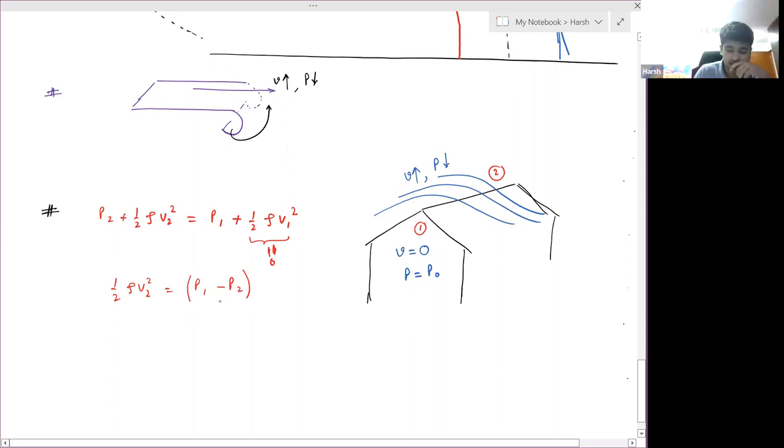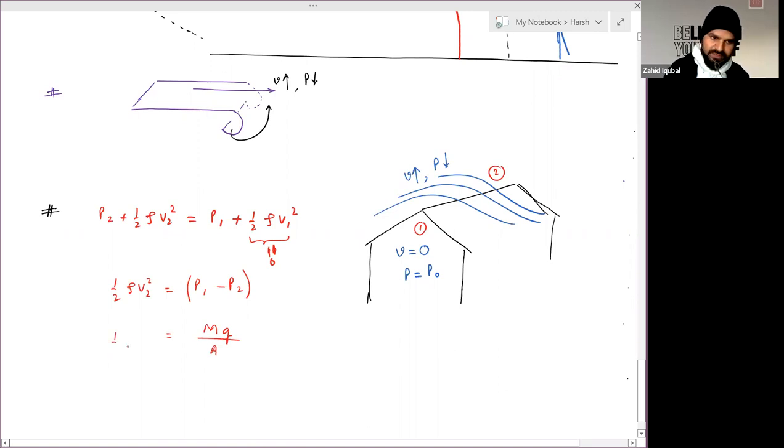This pressure difference will be enough to withhold or uplift the entire part. Pressure equals force per unit area, so force will be mg divided by area of cross section A. It will be equal to half rho V2 squared.